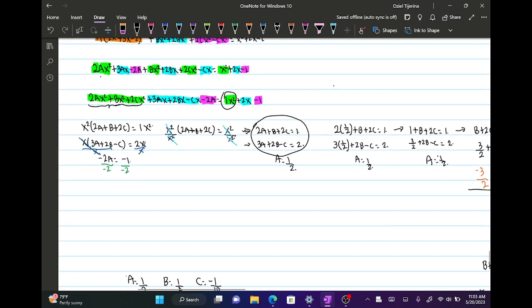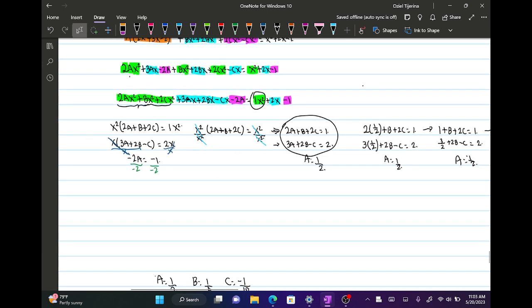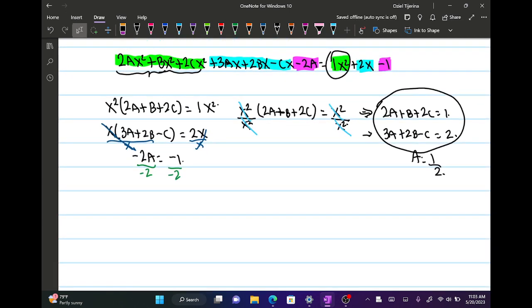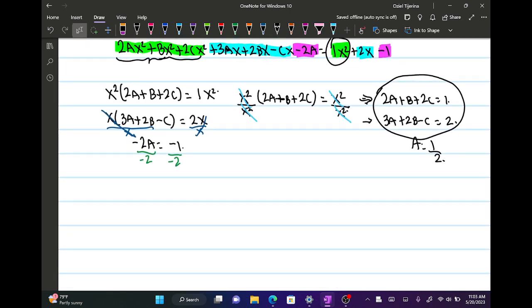This part looks a little messy. The point is, you have to make this whole thing into a system of linear equations. I can actually do this part again. So really what I had was 2ax squared plus bx squared plus 2cx squared equal to 1x squared.